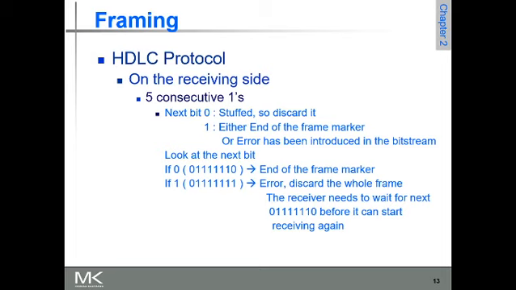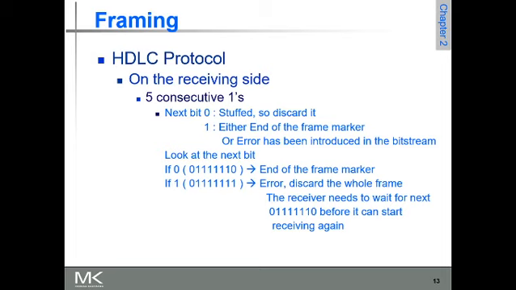So if instead of this 0 after 5 consecutive ones, a 1 is coming, that can be an indication that the data frame is about to end, or an error has been introduced in the bit stream.